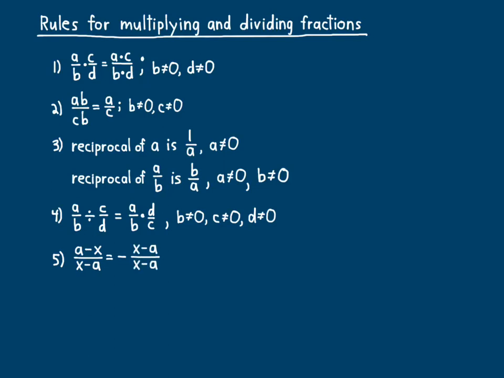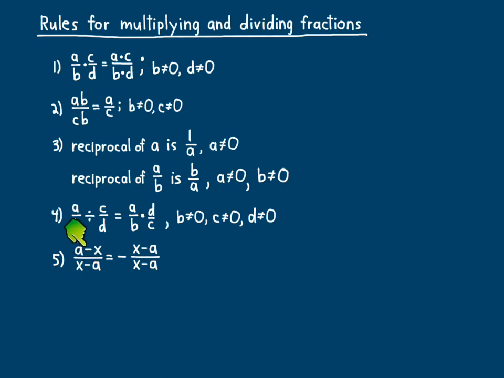Now, I'm throwing in 2 terms in the numerator, 2 terms in the denominator. This situation comes up quite often, so I want you to recognize it when it comes up. All these you should know. That means if you have to memorize them, memorize them. If you can learn them by just using them, that's usually really good. So here I have a minus x over x minus a.